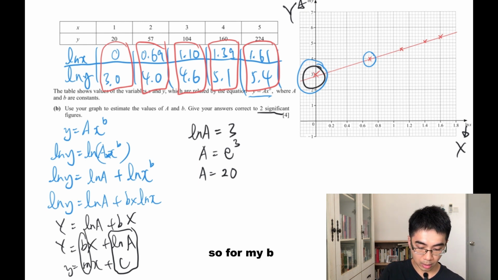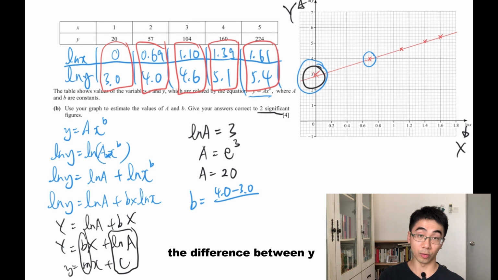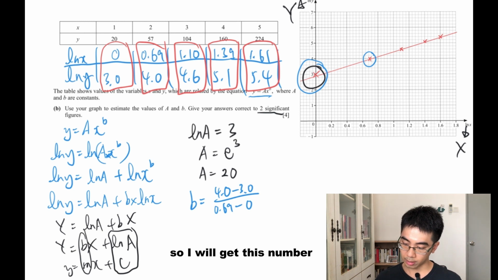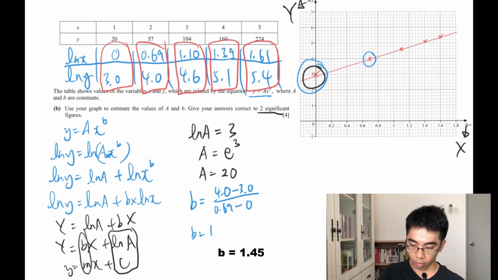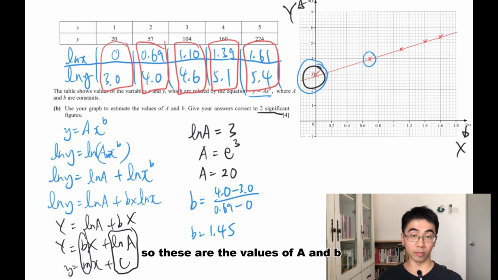So my b will be equal to 4.0 minus 3.0, the difference for the y, and then divided by 0.69 minus 0. So I will get B equal to 1.45. Maybe you got a slightly different B, but it's okay. So this is the value for capital A and then small b.